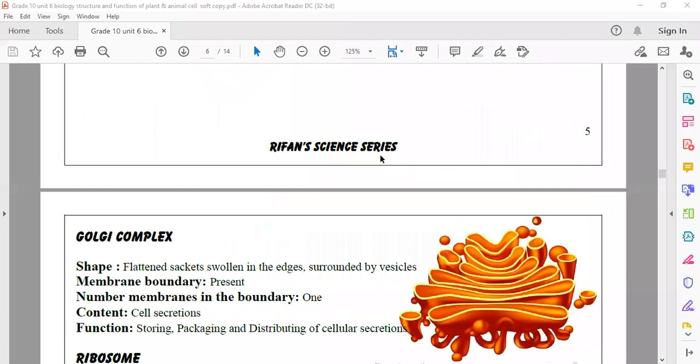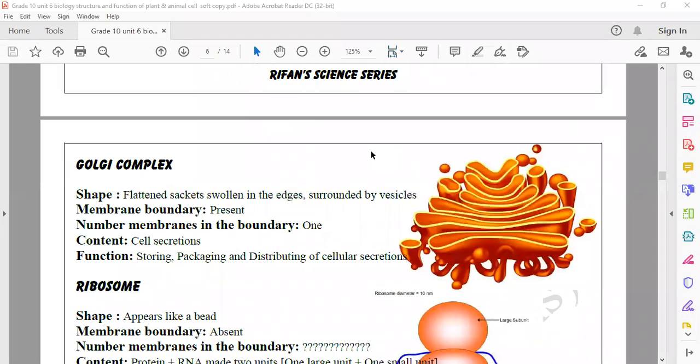Finishing that one, we are coming to the Golgi complex. Now, the Golgi complex helps in storing, packaging, and distributing cellular secretions. Think this way. Inside our mouth, saliva is secreted. Have you ever thought from where this saliva is coming?